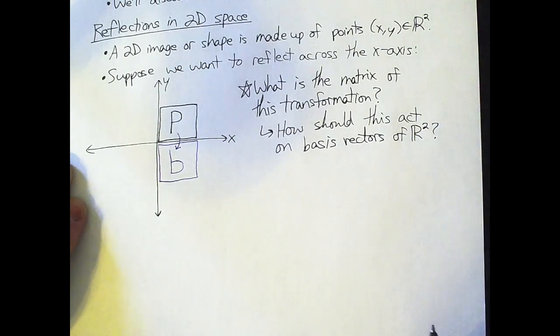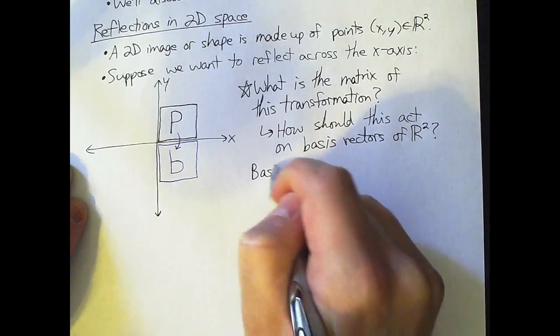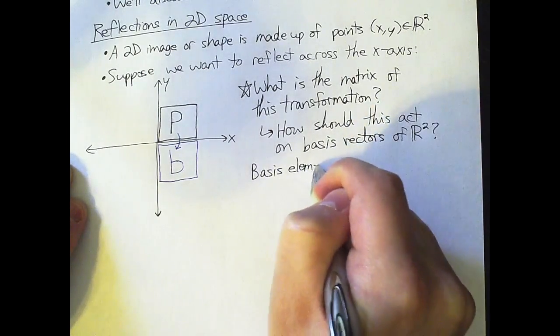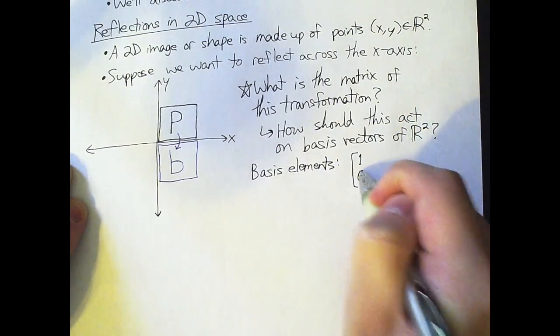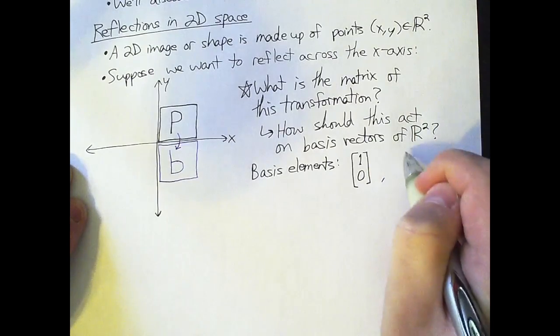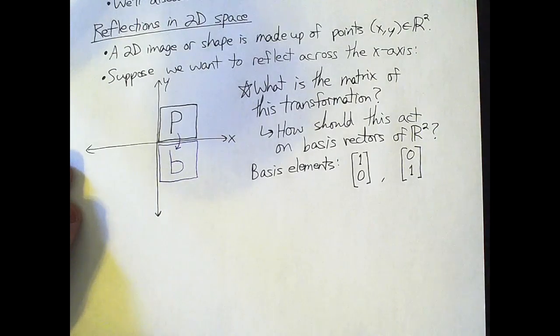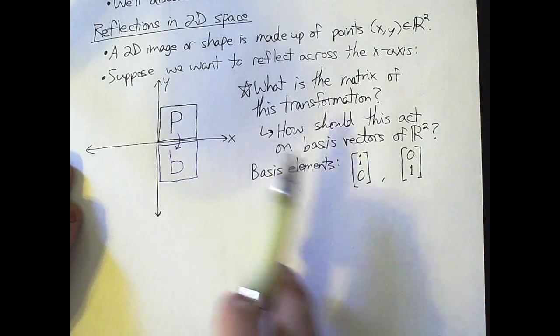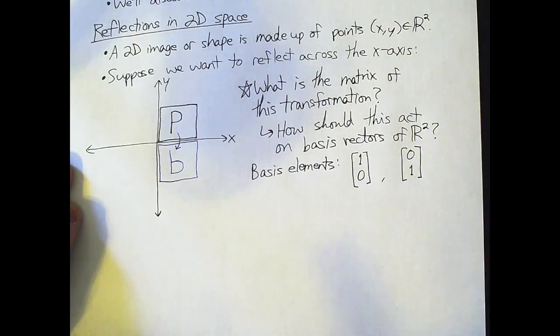You can call them the columns of the identity matrix, or you can call them the basis elements of the space R2. It's going to be this vector and this one. If we can figure out how this transformation should map these two vectors, then we could figure out the matrix A of the linear transformation.